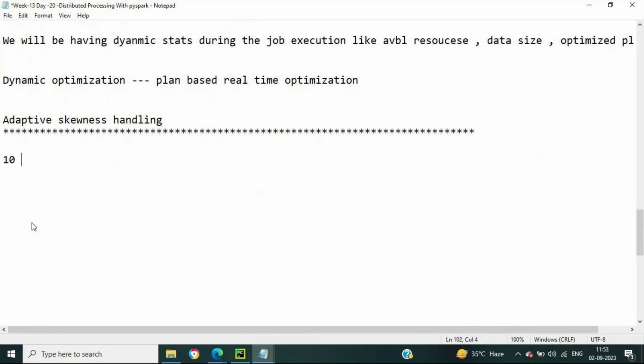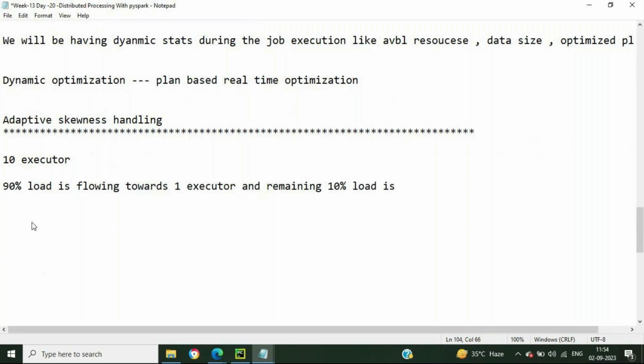Say we have 10 executors, and 90 percent of the load is flowing towards one executor, and the remaining 10% load is given to the rest of the executors.